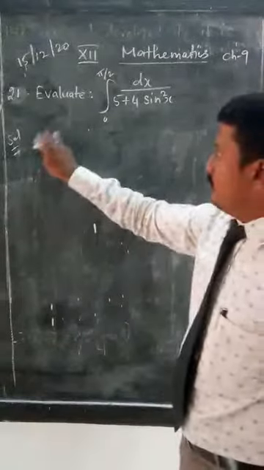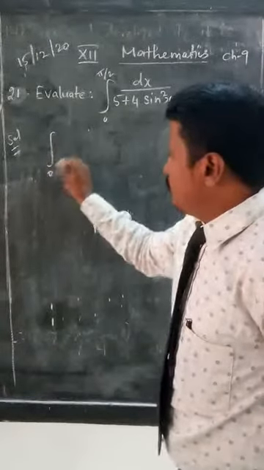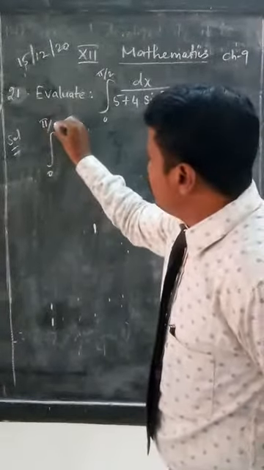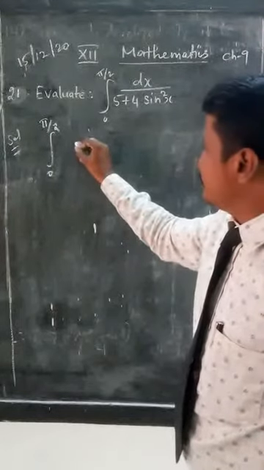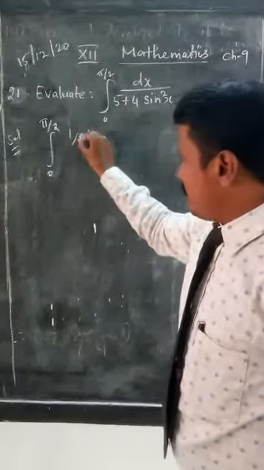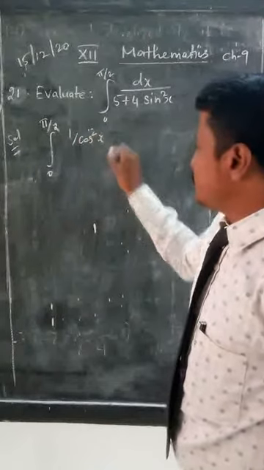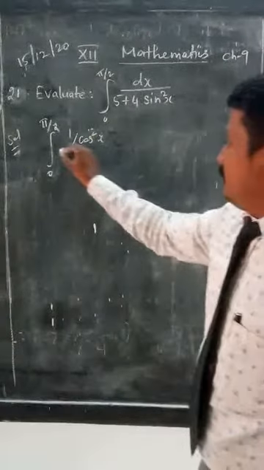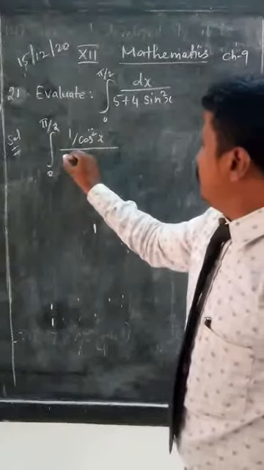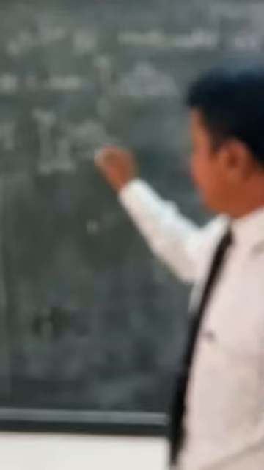As usual, you first try to understand what the first step is. I'll write the answer directly now. 1 by cos square x, as in the previous problem, same thing we did, divided by 5 by cos square x plus 4 tan square x, into dx.